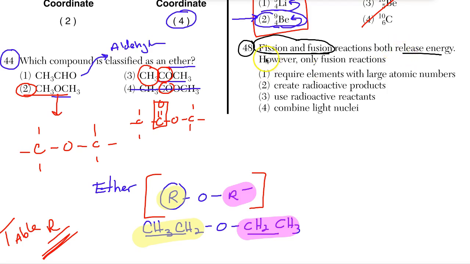Now, I bet if you got this wrong, you confused fission versus fusion. Fission is splitting the atom. Fission requires large atomic number atoms like uranium or plutonium to be split into smaller, more stable fragments. You should have learned that atoms with a huge number of protons, beyond atomic number 83, are unstable because they just can't hold that many protons.